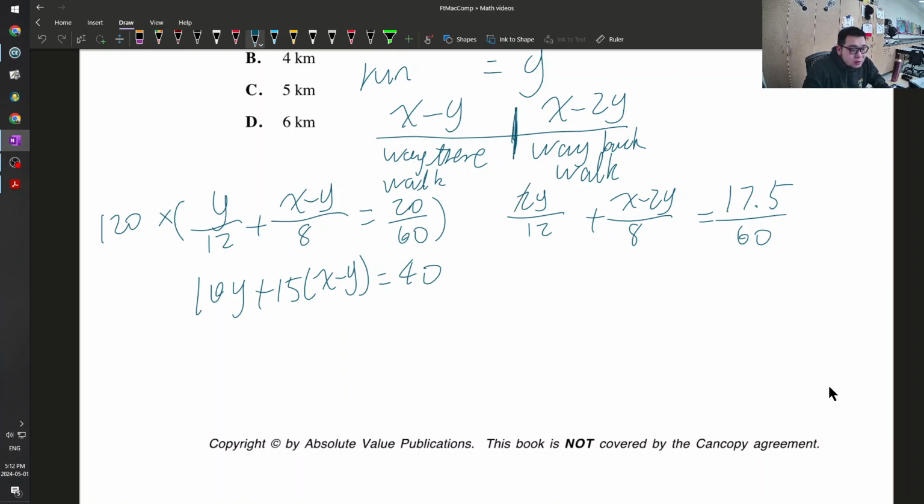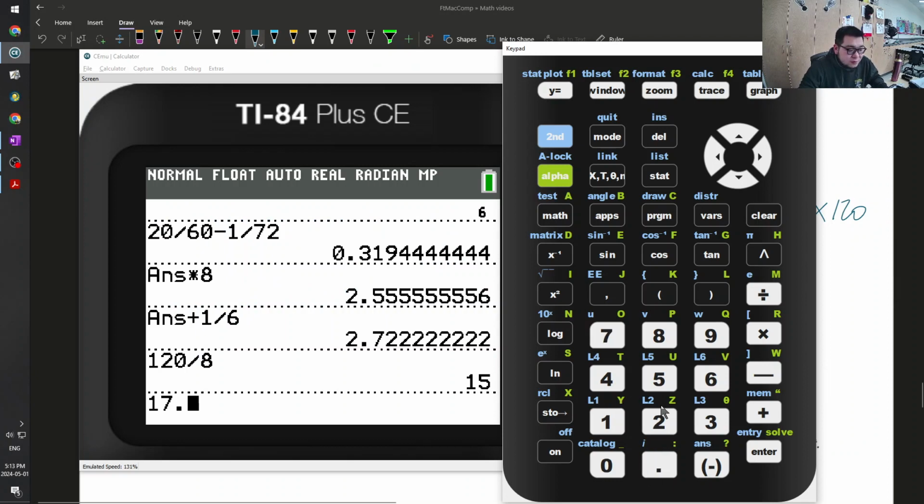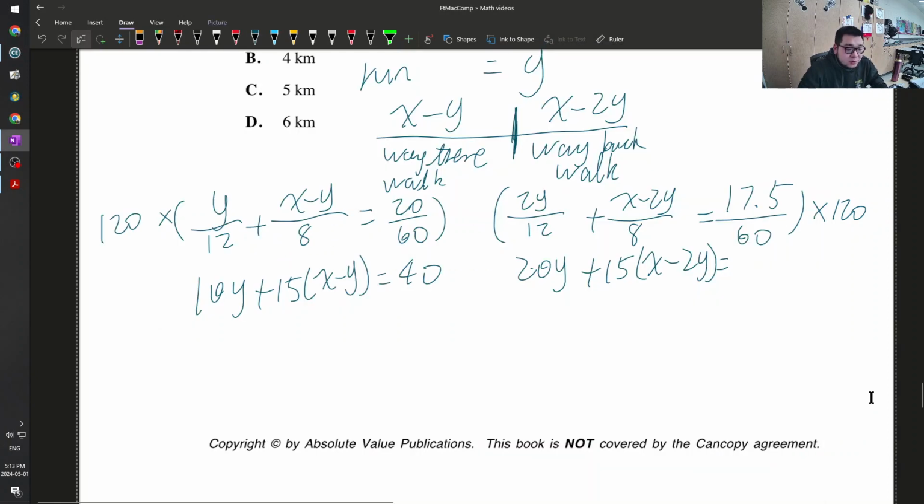And this one, the 2 and 12 cancel into 1 and 6, so we also multiply this by 120. We get 20y plus 15 times x minus 2y. It is equal to 2 times 17.5, which is 35.